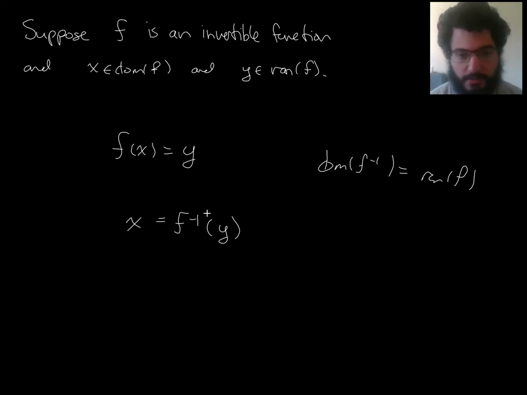Then to decide whether or not f inverse of y really is the same as x, we should look at it in terms of the theorem called essence of evaluation.